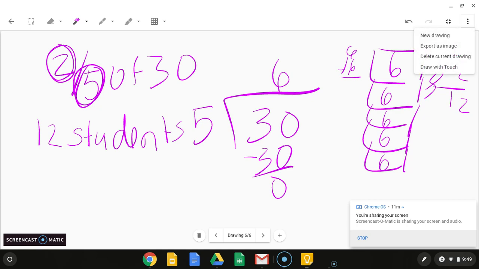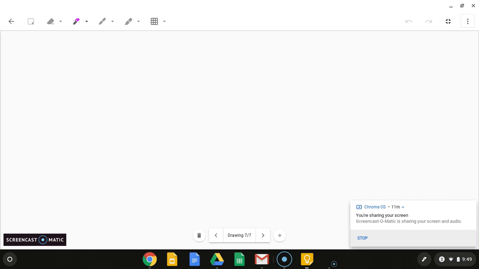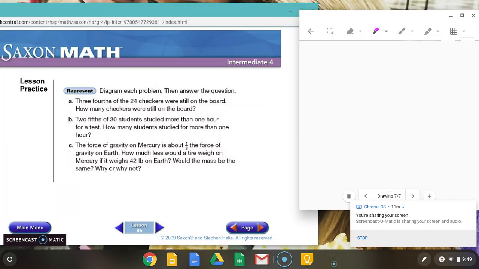Okay. All right. And then C, I'll do C with you. The force of gravity on Mercury is about 1/3 the force of gravity on Mars. Let me show you. It is right here. How much less would a tire weigh on Mercury if it weighs 42 pounds on Earth? And would the mass be the same? Why or why not? All right, so there are a couple parts to this story problem.